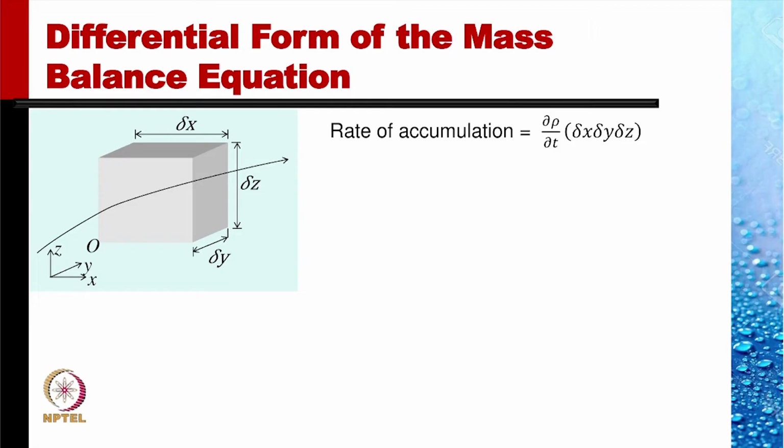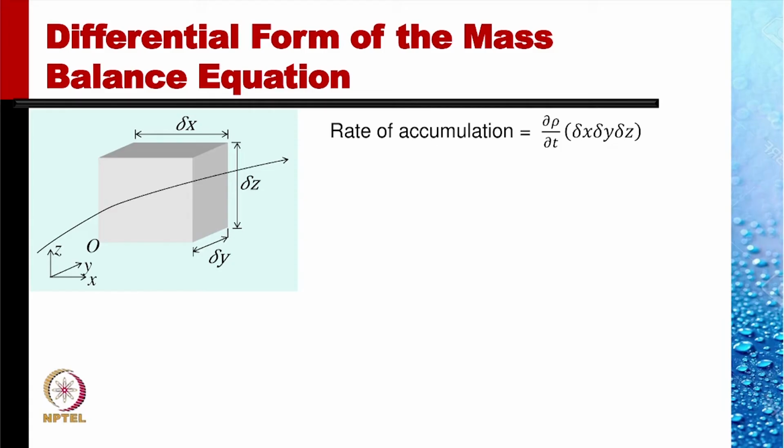The only way this mass within the control volume can change is if the density changes. And if del rho by del t is the rate of change of density within this control volume, then the rate of accumulation would clearly be del rho by del t into delta x, delta y, delta z per unit time. And this rate of accumulation should be equal to the net influx.